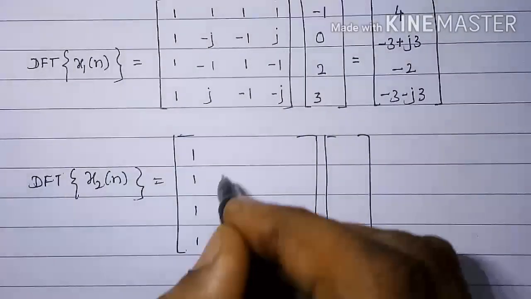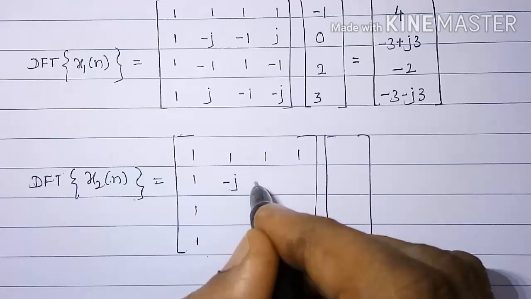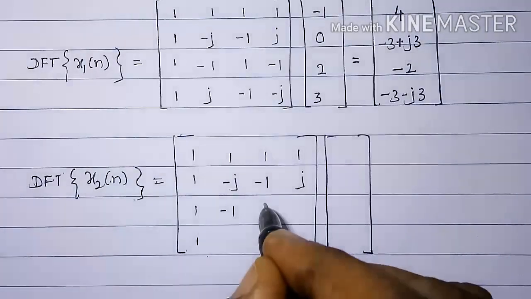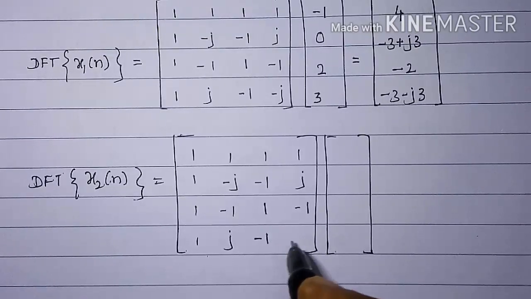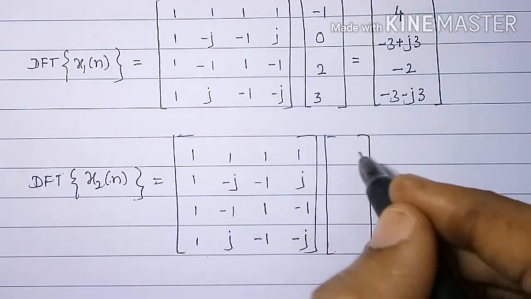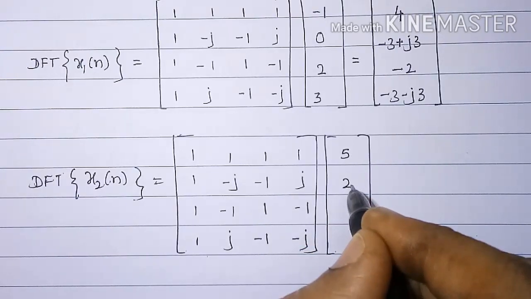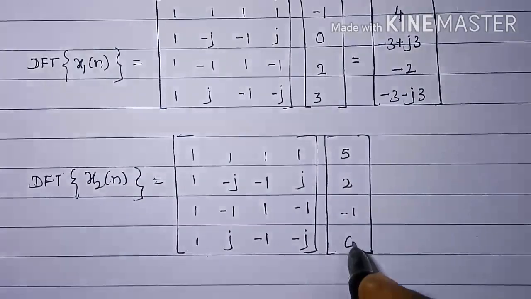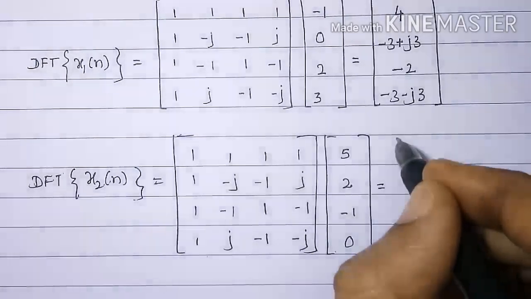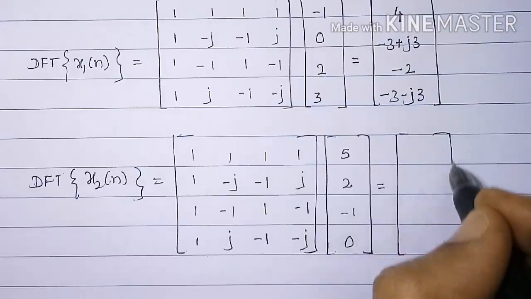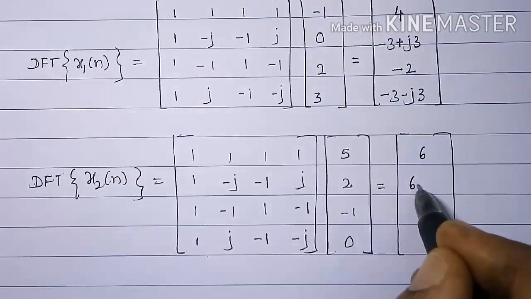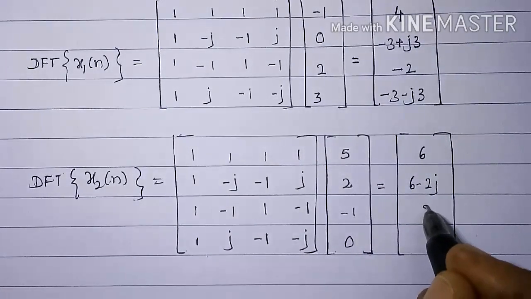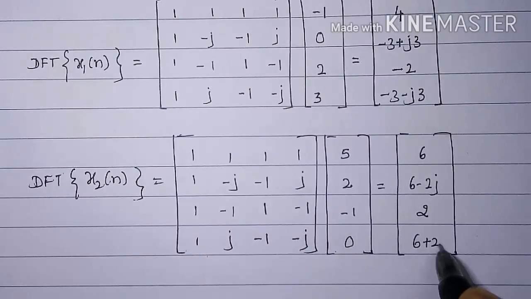So 1 1 1 1 1 1 1 minus j minus 1 plus j minus 1 plus 1 minus 1 j minus 1 minus j, x2 of n is equal to 5 2 minus 1 0. Multiplying these two, we get 6 minus 2j, 2, 6 plus 2j.